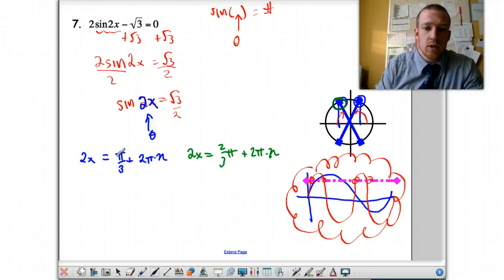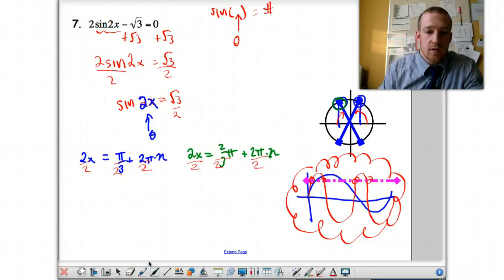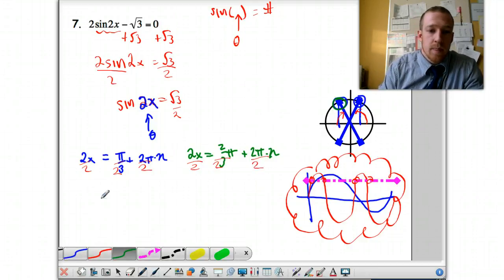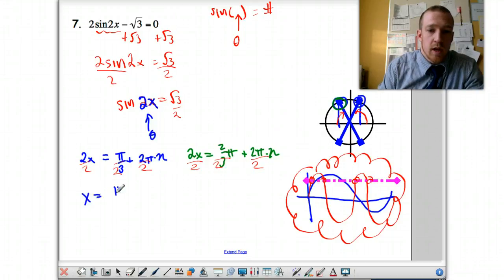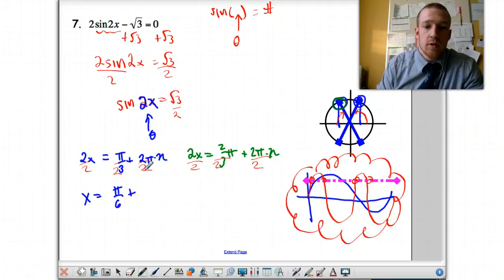Now I'm going to solve these equations, and I divide by 2, divide by 2, divide by 2, right? Because I'm solving for x, so I'm going to divide by 2 for all of these. And that gives me x equals pi over 3 times 1/2, or pi over 3 divided by 2 is pi over 6, plus, now it's 2 over 2 pi, some multiple of pi.